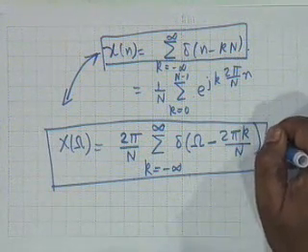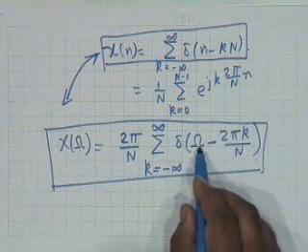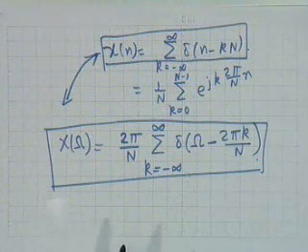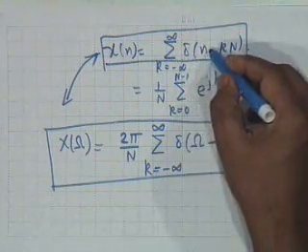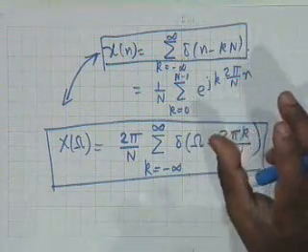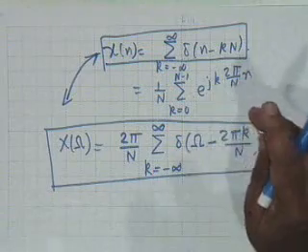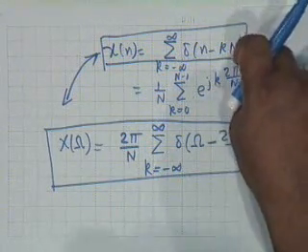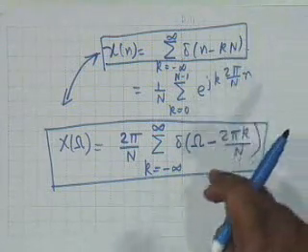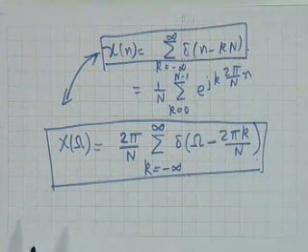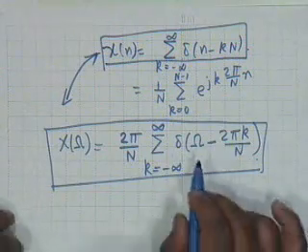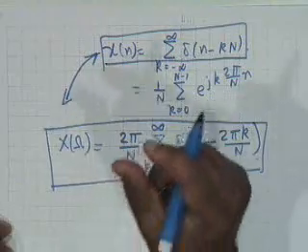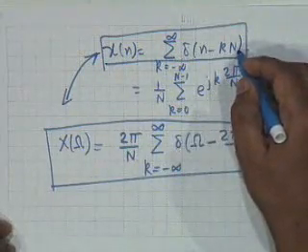That is, this exists only at omega equal to 2 pi k by N, and the area under the curve is unity, whereas this delta n is simply a line of height unity occurring at n equal to 0. So a chain of impulses in the time domain transforms into a chain of impulses in the frequency domain. These are true impulses going to height infinity, 0 width, these are simply lines of height equal to unity.